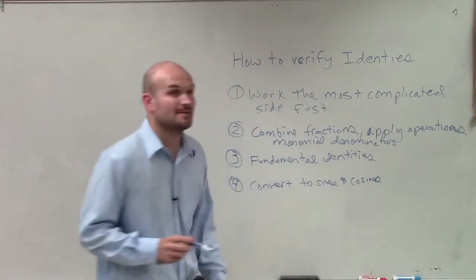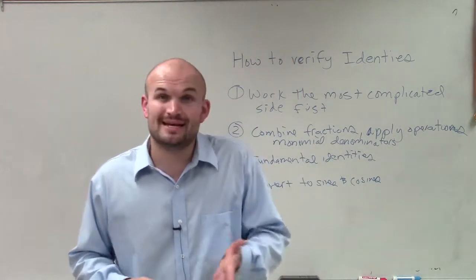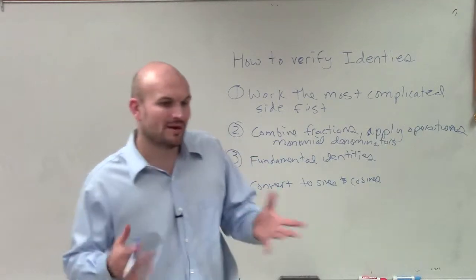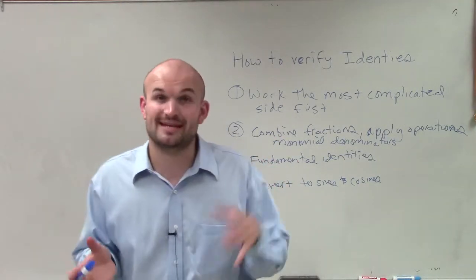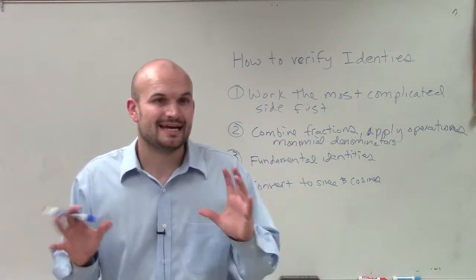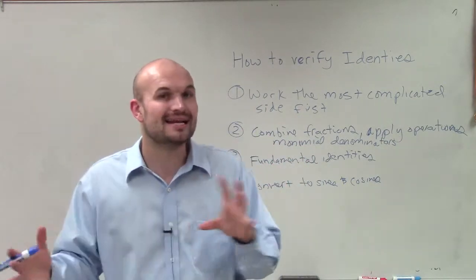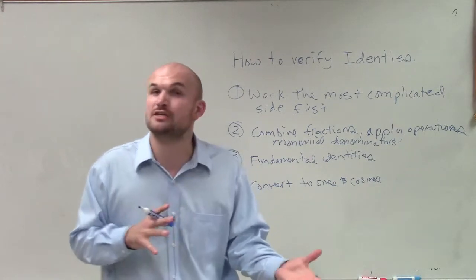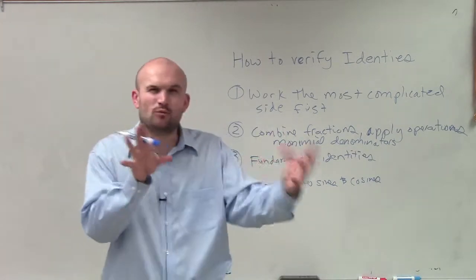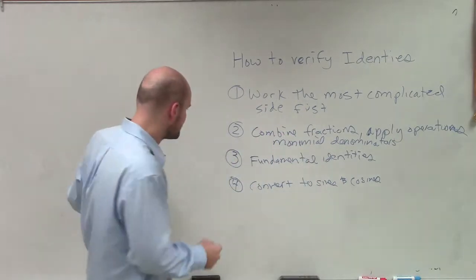Because all of our trigonometric functions can be rewritten in terms of sines and cosines. What that does is simplify our identity into only two terms. And a lot of times that's going to be a lot easier for us to start dividing terms into one, or to see what route we should take.